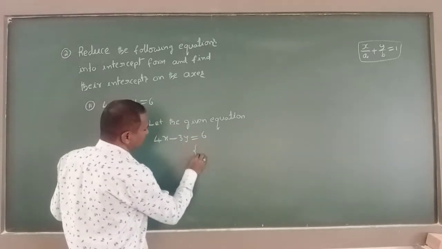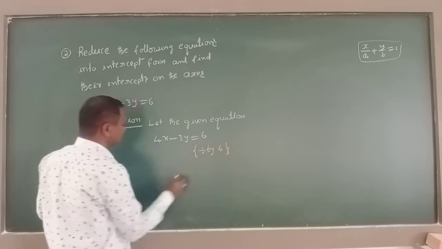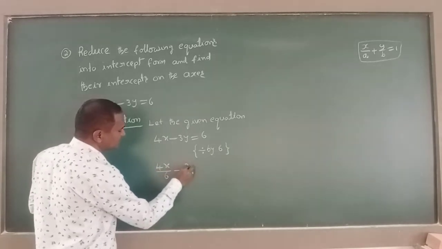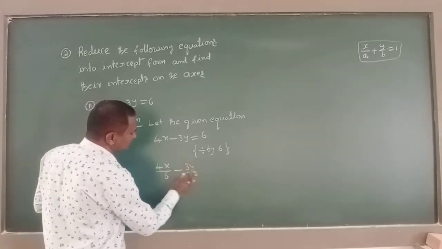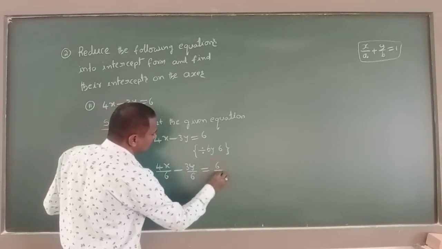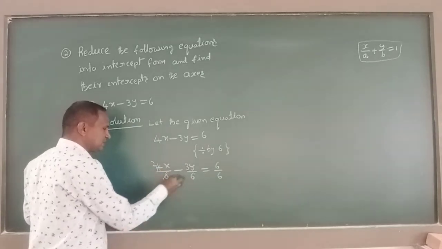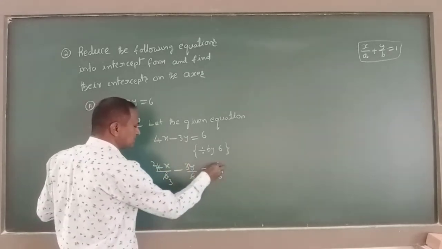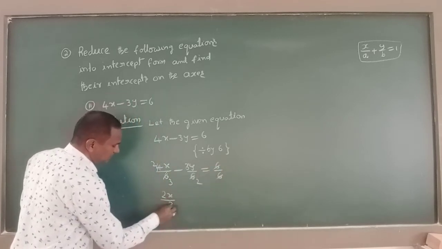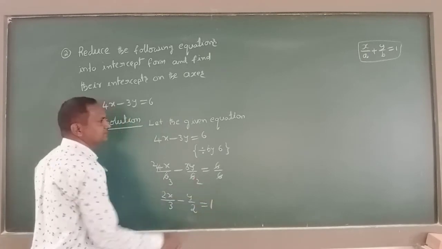Then dividing throughout the equation by 6: 4x by 6 minus 3y by 6 is equal to 6 by 6. 2 twos are 4, 2 threes are 6; 3 ones are 3, 3 twos are 6, and 6 gets cancelled. We get 2x by 3 minus y by 2 is equal to 1.